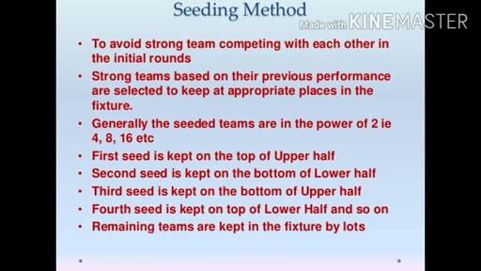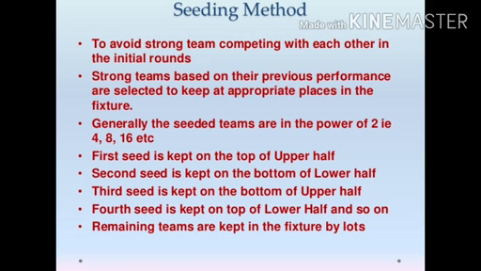The one who loses the match has to be eliminated. So we will put last year's strong teams, like winner, runner up, second runner up, and third runner up, the first, second, third, and fourth position holders, in such a way that these 4 teams will not compete in the initial round.